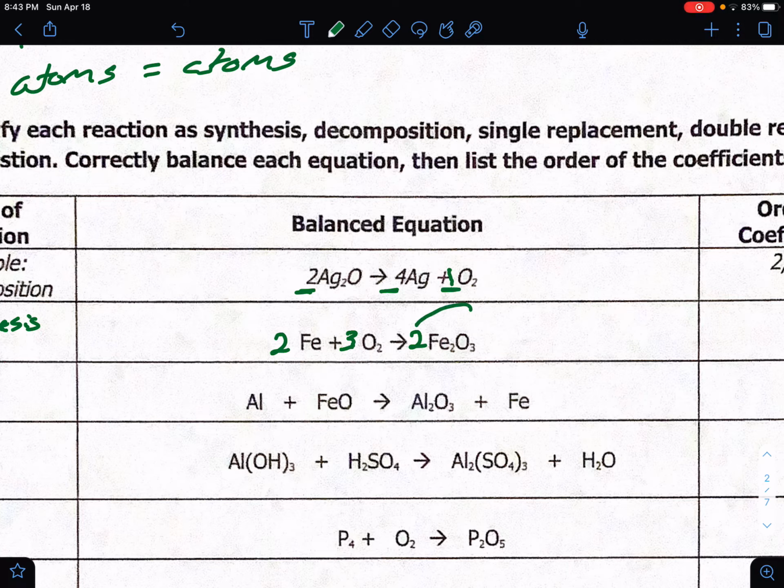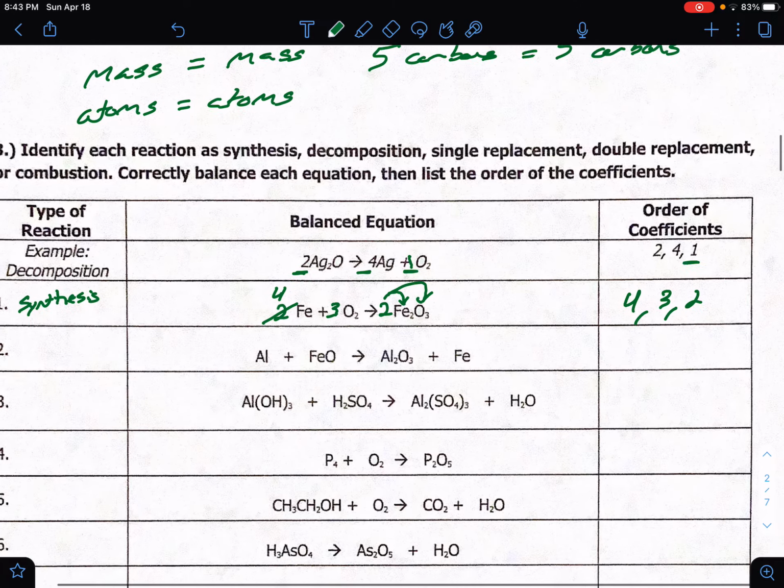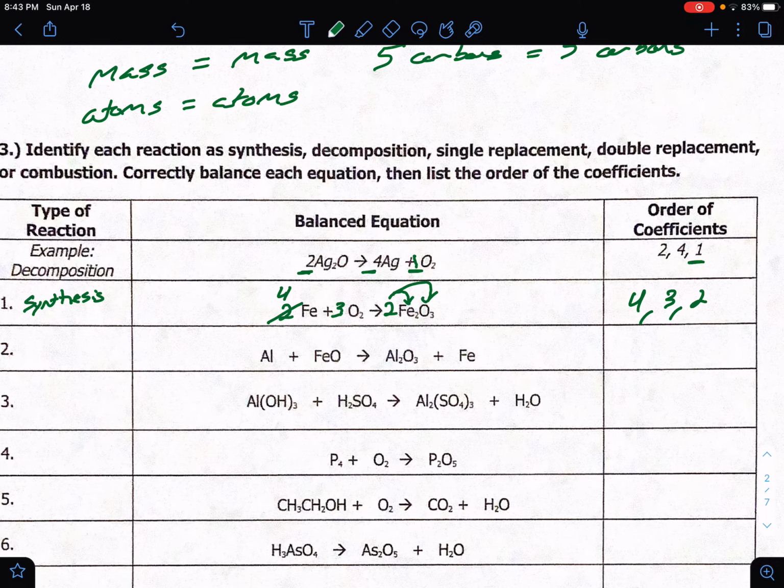But this fixed my oxygens, and it also multiplies my iron. So now I have 4 irons on the right and only 2 on the left. So I'm going to cross this 2 out and put a 4. And there we go, now we're nice and balanced. So this would just be a 4, 3, 2. Okay. Aluminum plus iron oxide gives me aluminum oxide and iron.